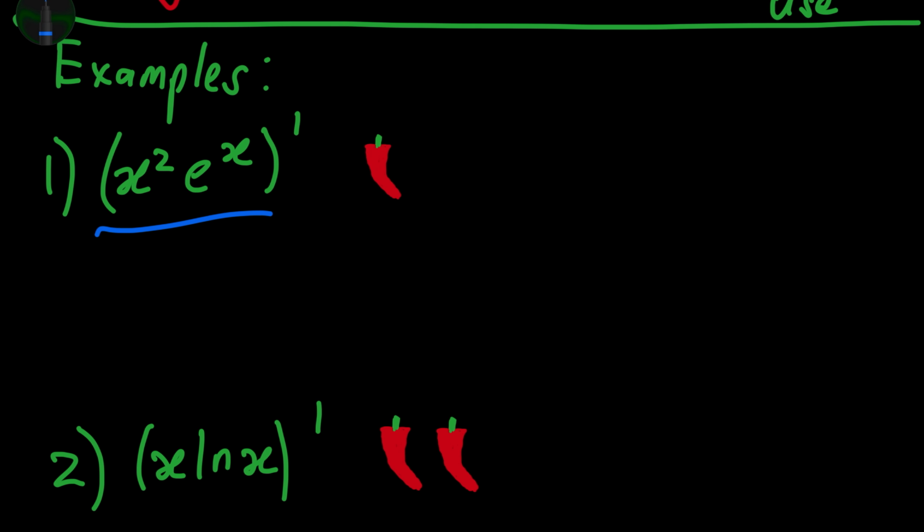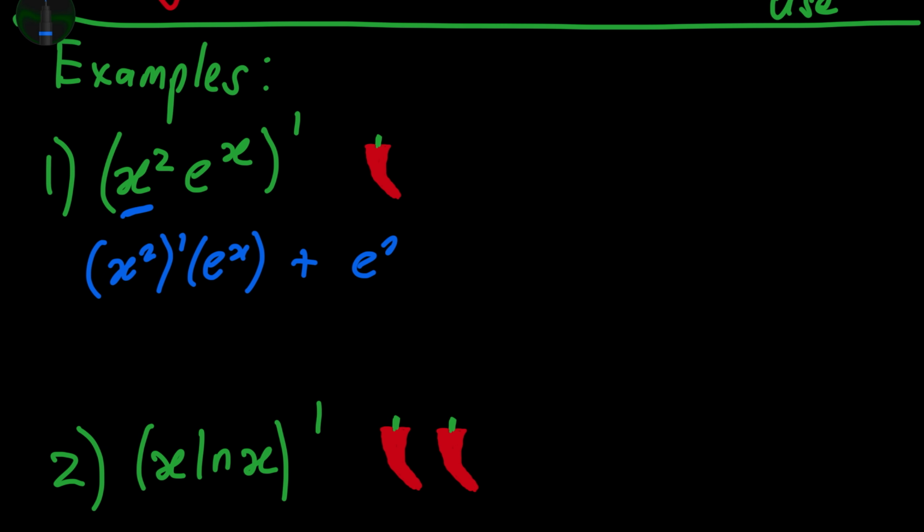The first example is the derivative of x squared e to the x. So let's take the derivative of x squared first. So we do (x squared) prime times e to the x plus (e to the x) prime times x squared. As we learned with the power rule the other day, we can find the derivative of x squared pretty easily.